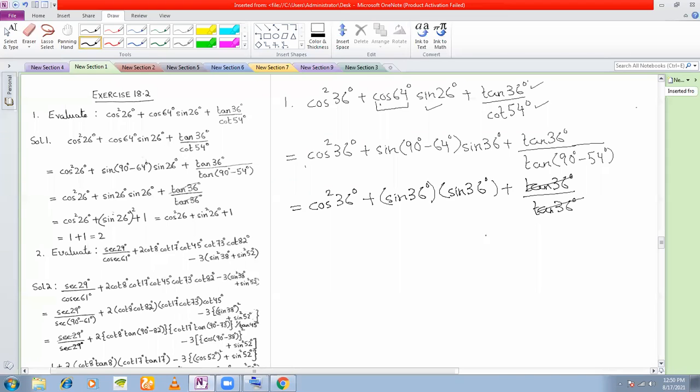So this actually cancels. And here what do I get? Cos square 36 I write as it is. And see that this is the reason why I changed this cos to sine, so that I can get a sine square here, plus sine square 36° plus 1. Now you know sine square theta plus cos square theta is 1. So cos square 36 plus sine square 36 will be 1 plus 1, which is equal to 2.